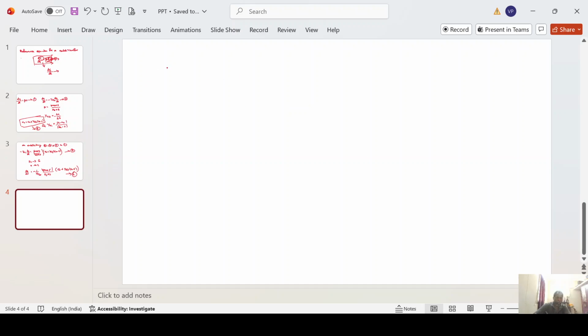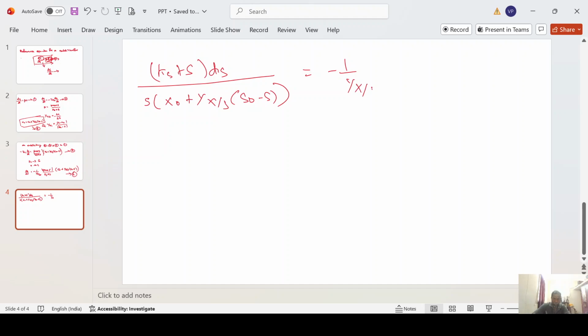Then this could be written as ks plus s into ds whole divided by s into x naught plus yx by s of s naught minus s whole bracket is equal to minus 1 by yx by s of mu max into dt. Take this as equation number 7.